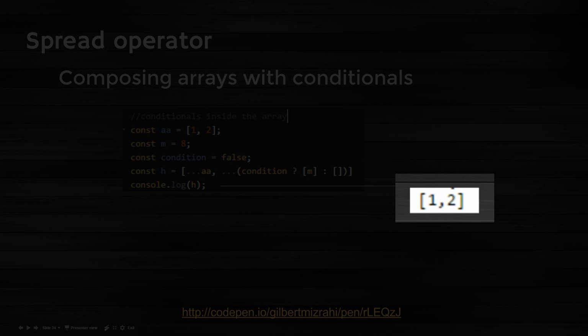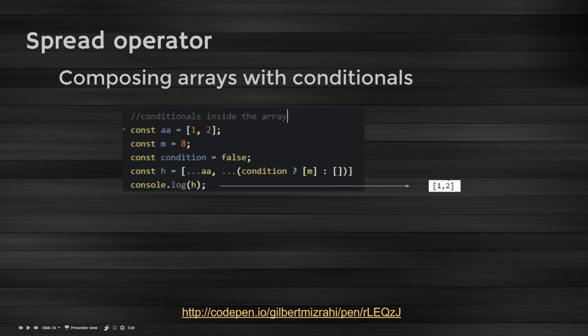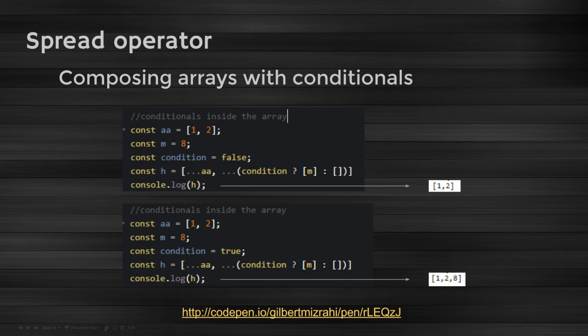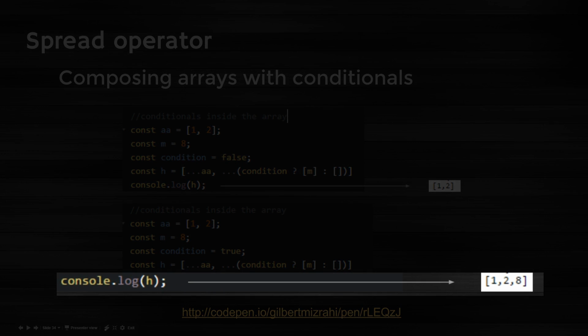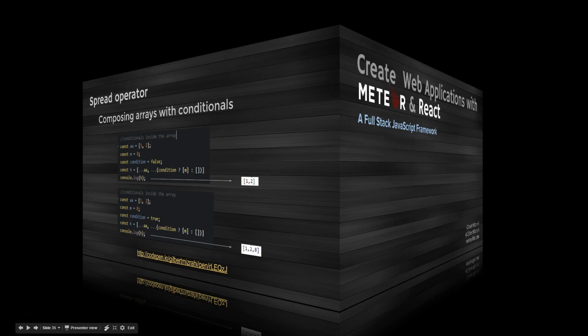So that's what we get. But it's very cool to have this conditional inside this. And here we can see what happens if the condition, instead of being false, is true. Then it will return M, and now we have 1, 2, 8, which is very, very nice.